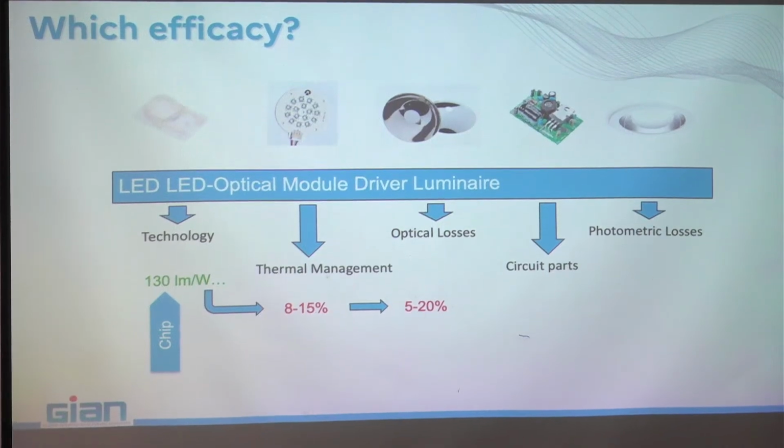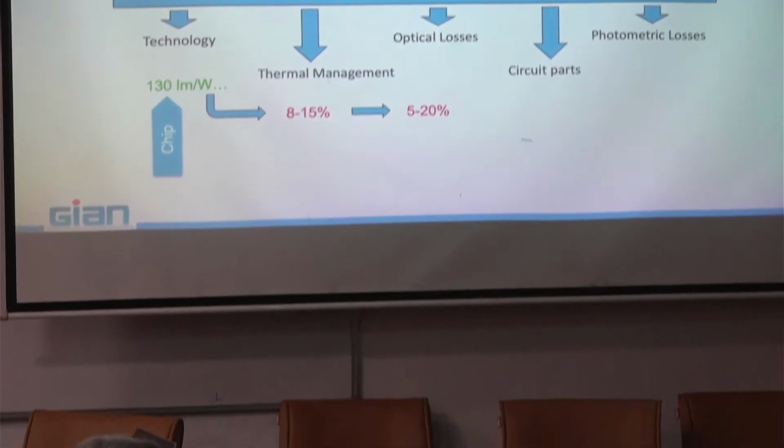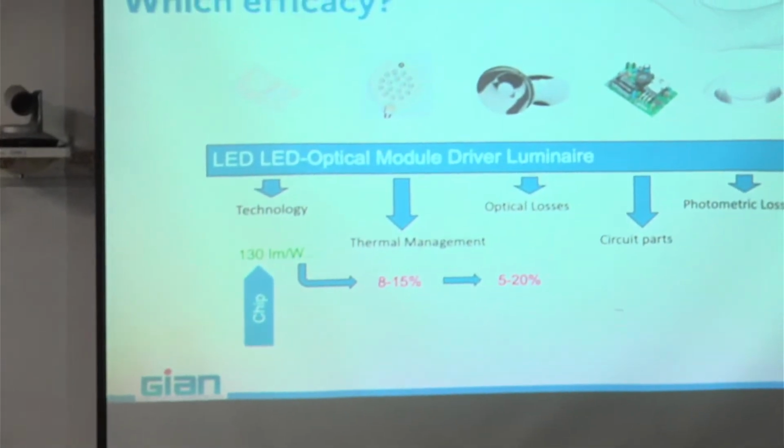That you have to know. Sunlight coming through a simple window loses 10% of the power. That's because the window overheats. This is a good value.